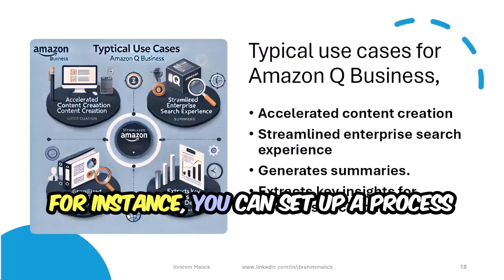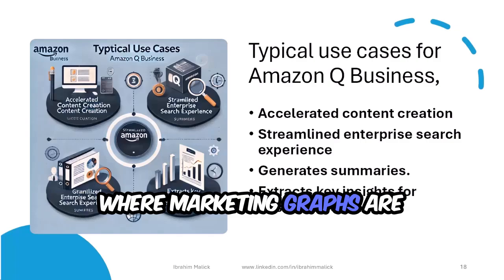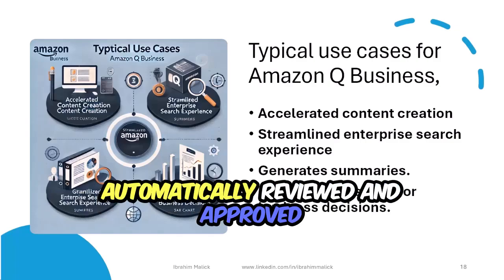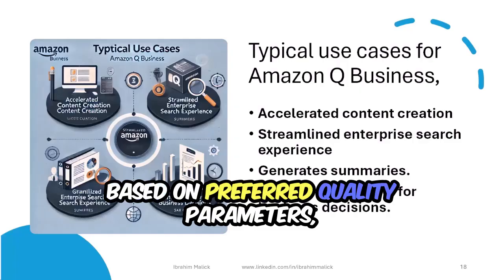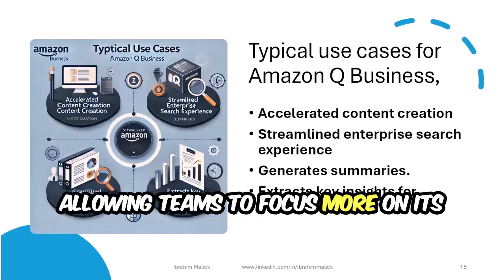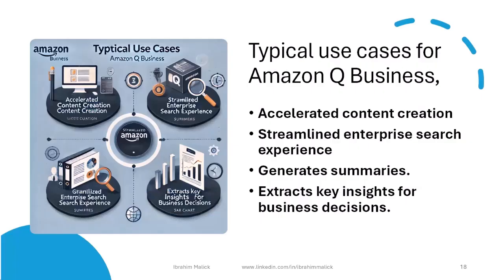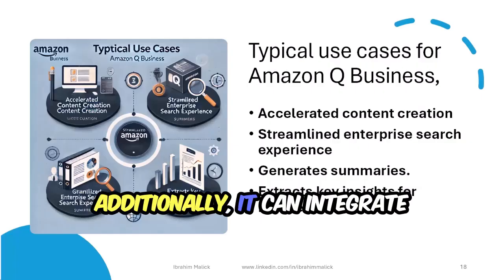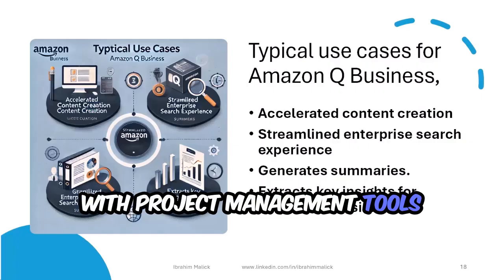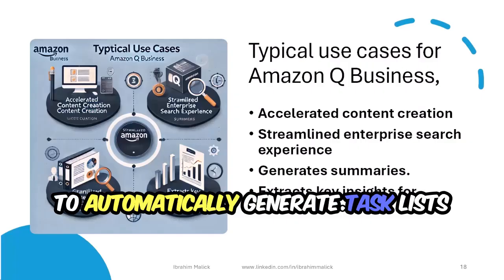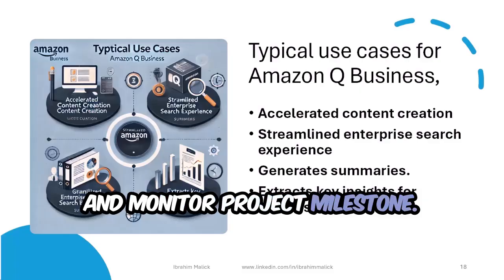So for instance, you can set up a process where marketing drafts are automatically reviewed and approved based on preferred quality parameters, allowing teams to focus more on strategy and creativity rather than administrative tasks. Additionally, it can integrate with project management tools to automatically generate task lists and monitor project milestones.